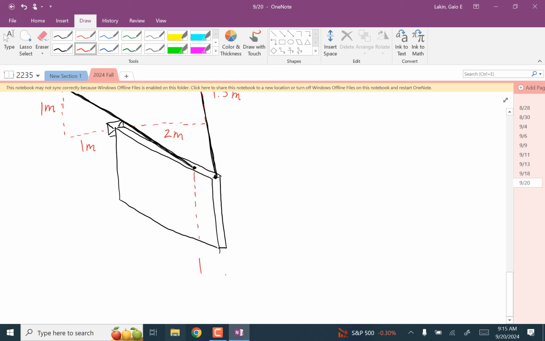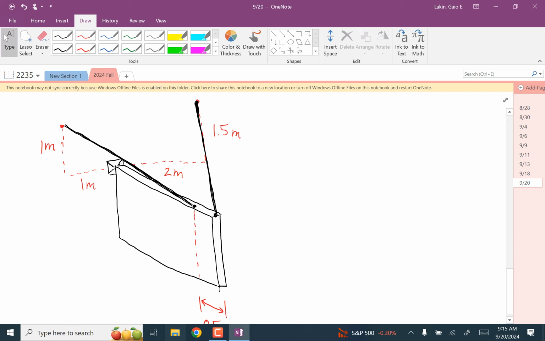And this distance is 0.5 meters. Are you with me on that? These get a little hard to draw, but both of these cables are connected to the same wall that that ball and socket joint is on.